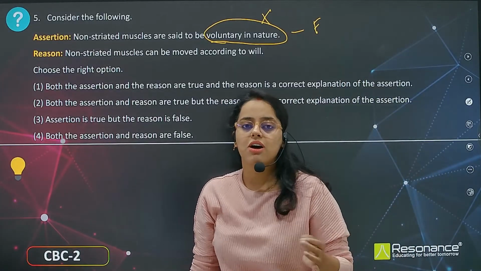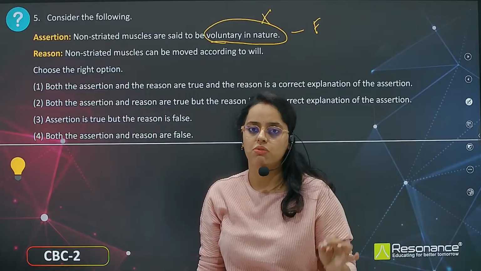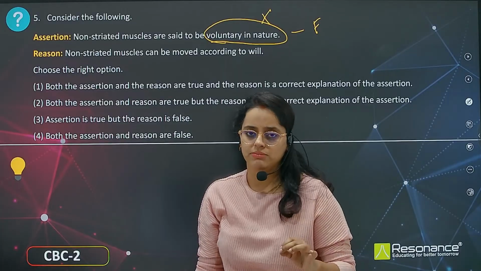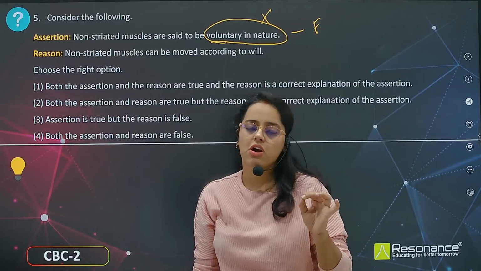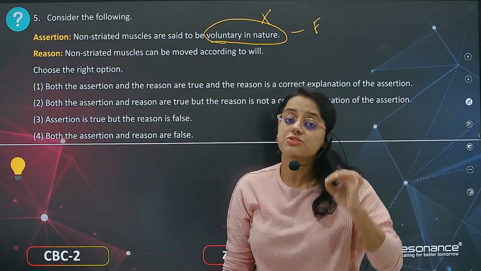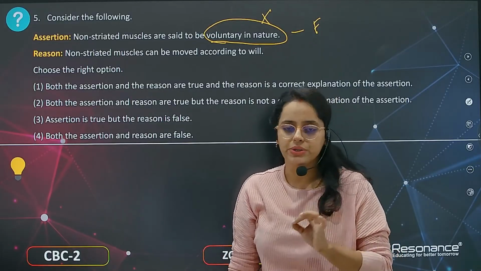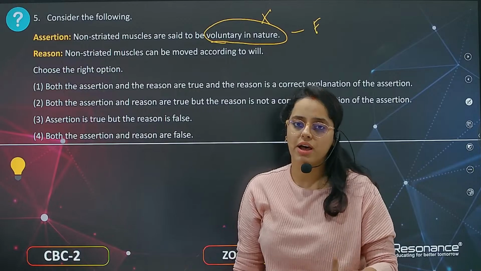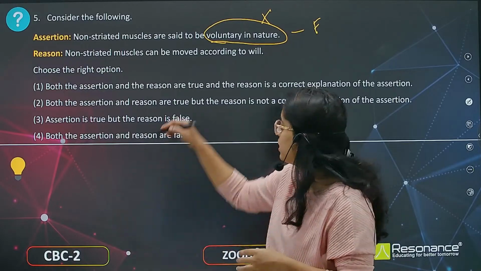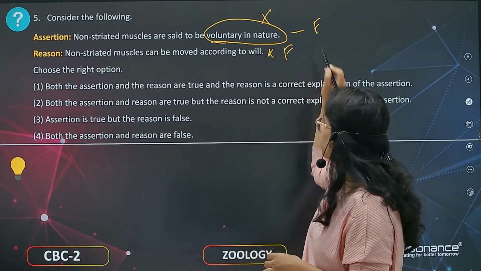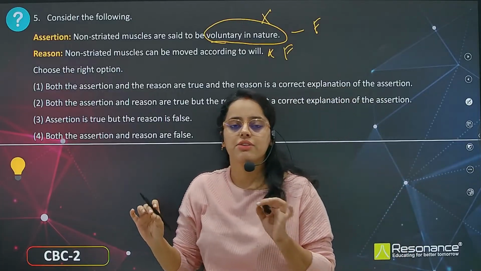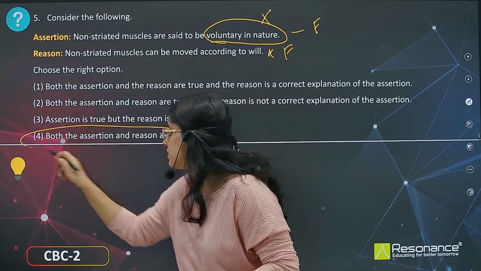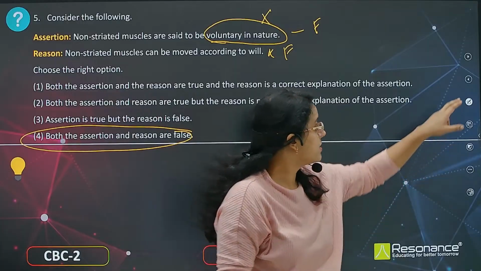Now the reason: non-striated muscles can be moved according to will. The non-striated muscles cannot be moved according to will. It is striated muscles which can be moved according to will, because striated muscles are voluntary. So this is also a false statement. So both assertion and reason are false. Hope you have attempted this question.